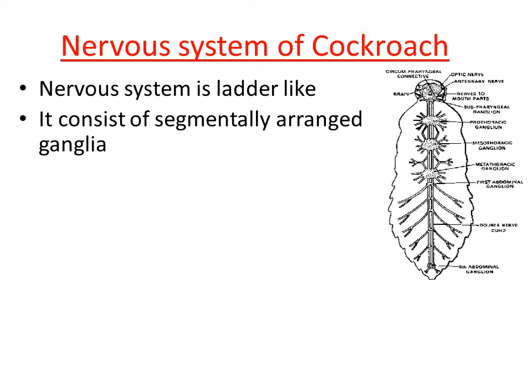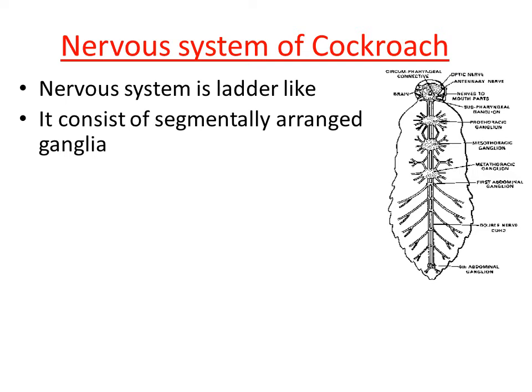So what do you mean by ganglia? Ganglia are the organs that are fused together in order to form a brain. That means the signal from different parts of the body will reach a particular organ, that is called ganglia. So in the cockroach, the ganglia are arranged segmentally.